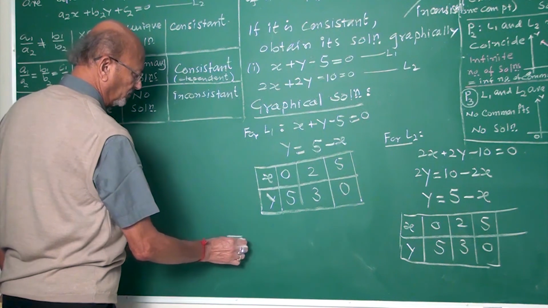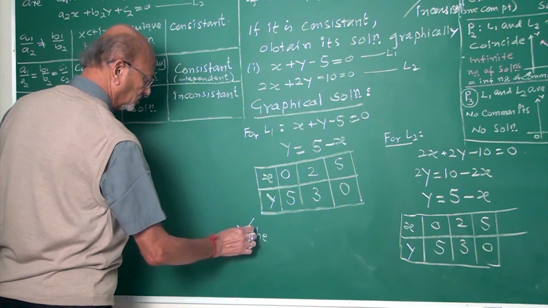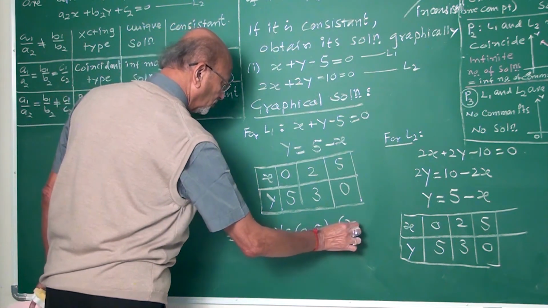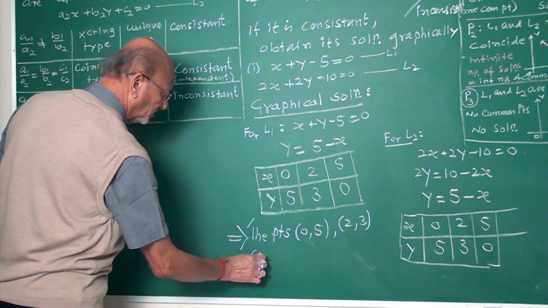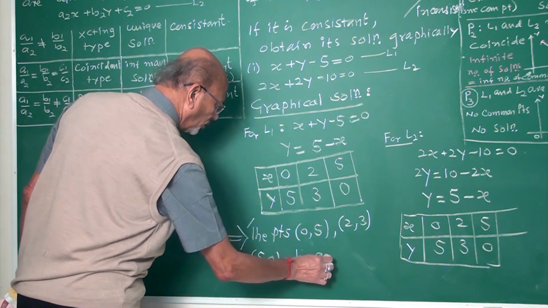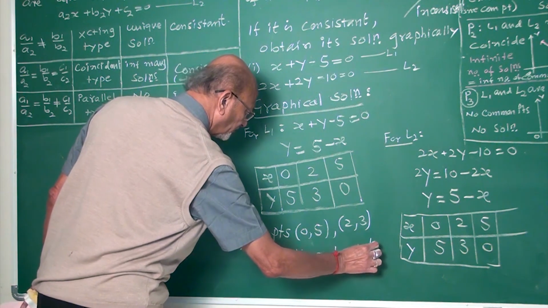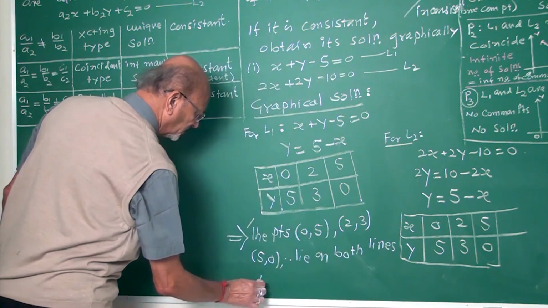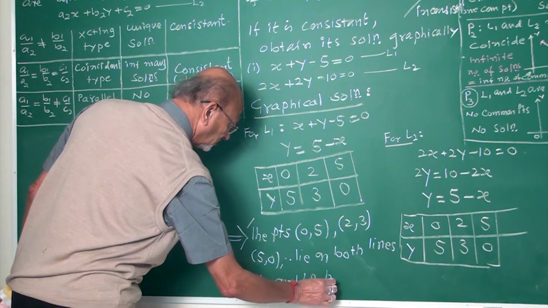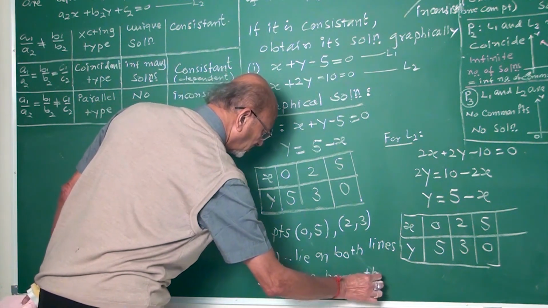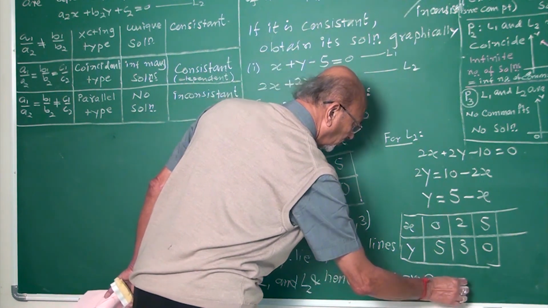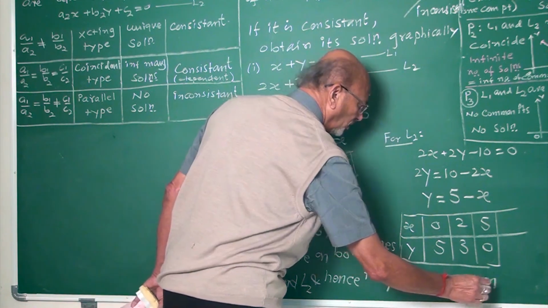So, my friends, this implies the points (0, 5), (2, 3), (5, 0) lie on both lines L1 and L2, and hence they are the common points on L1 and L2.